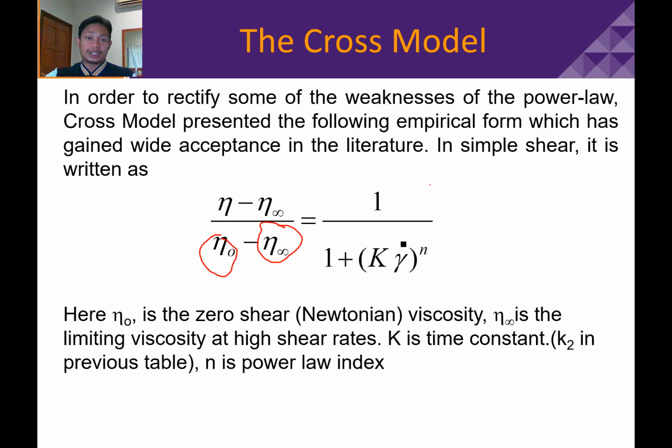It does not use lambda c, but uses the n value, which is the power law index value. You combine the power law index to produce another model, which is the Cross model.